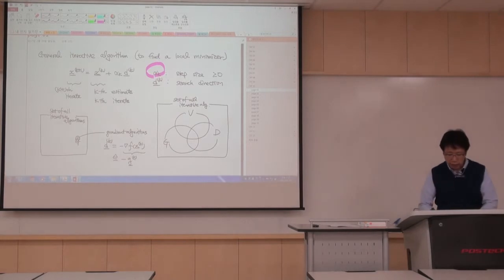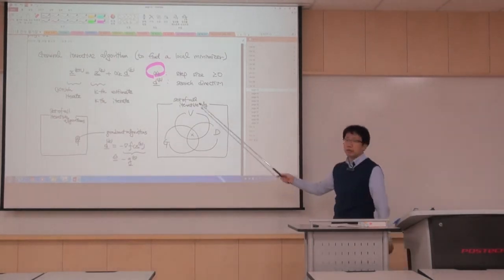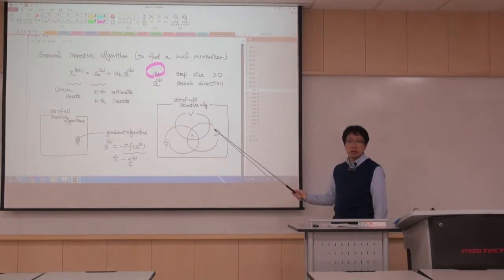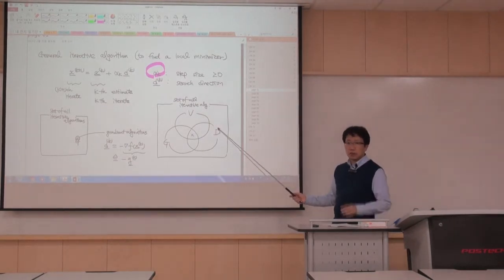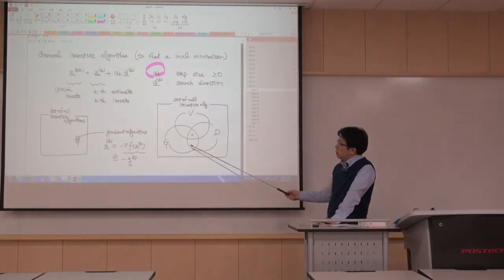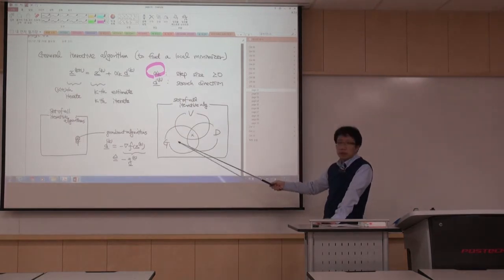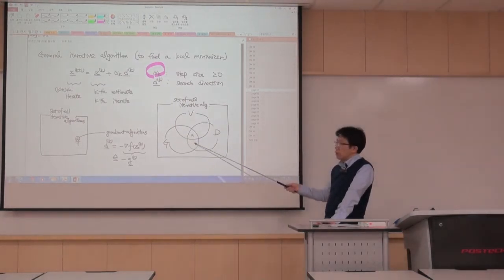Now, last time I said that we are going to study one algorithm that resides here at the intersection of these three: variable, gradient, and descent properties, satisfying these three properties, and one that is fixed step size, which is outside this one, and gradient, but possibly not having this descent property.